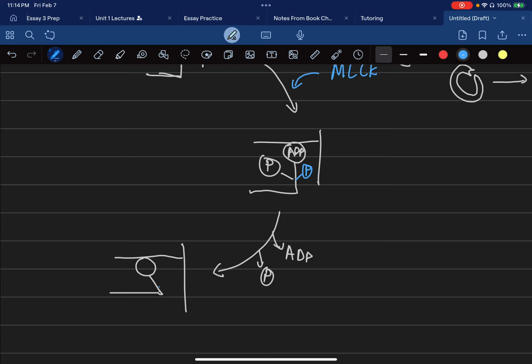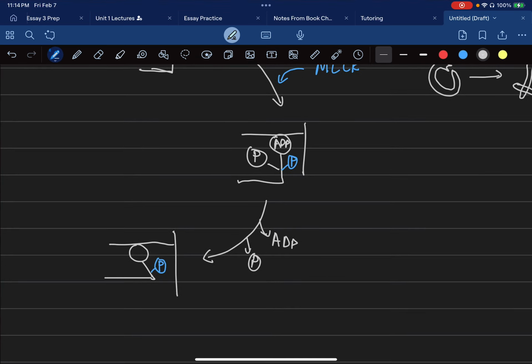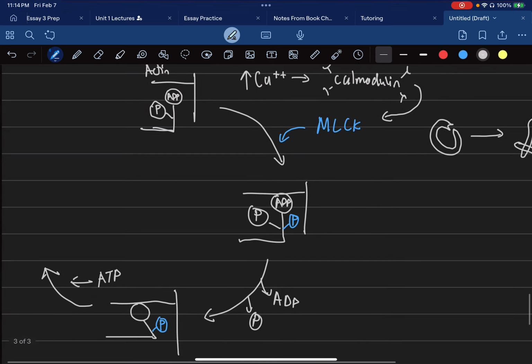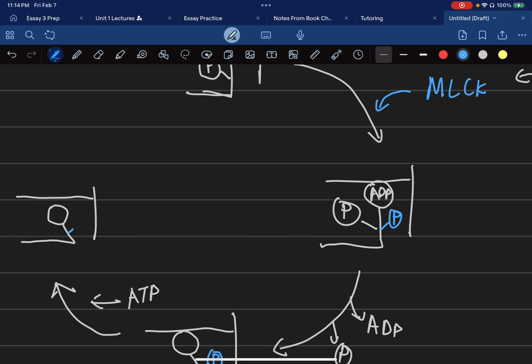The only difference is we're still going to have this phosphate group on the myosin. What's going to happen next is the ATP is going to come in and bind to that myosin. That's going to enable the myosin to detach from the actin. We're still going to have that phosphate on there, but now we have our new ATP.